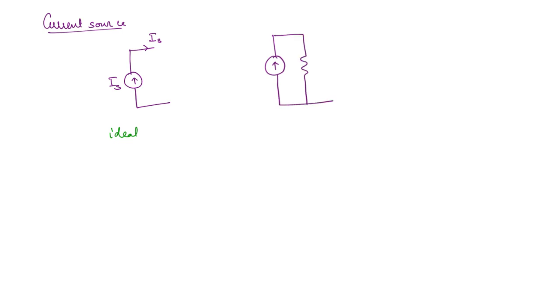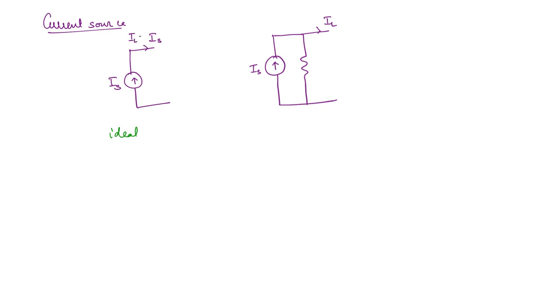Remember that it's not like there's an instrument and in parallel to it there is a resistor. We just represent a practical source like this. The behavior will be similar to the behavior of this combination. That is important here.